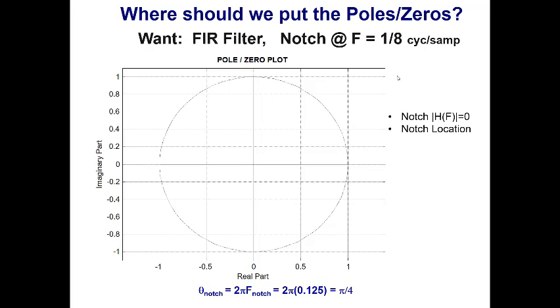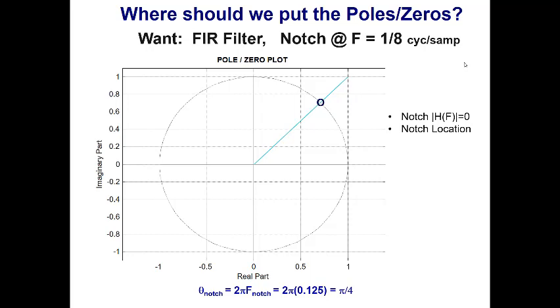So if I want a 0 response at frequency 1/8, I need to go to an angle 2 pi times 1/8, which is pi over 4, measured from the horizontal, from the positive real axis of the z domain on the unit circle. So we'll rotate up here to pi over 4. There I'm going to want a 0. Okay, so that's where 60 hertz lives in my z domain when I have a sampling rate of 480 samples per second.